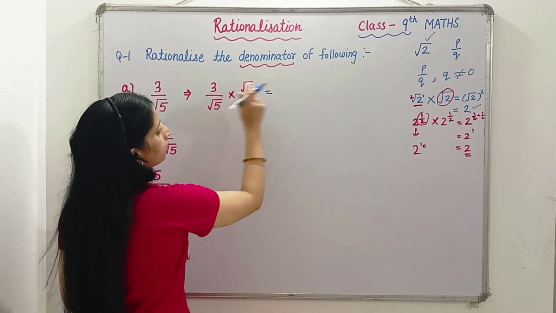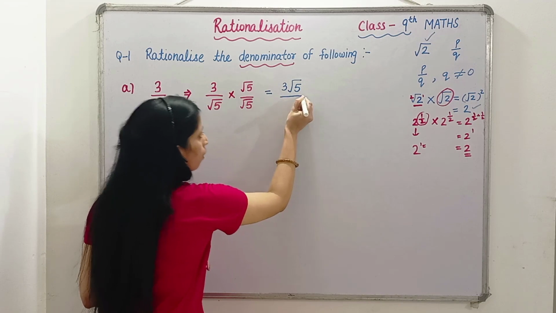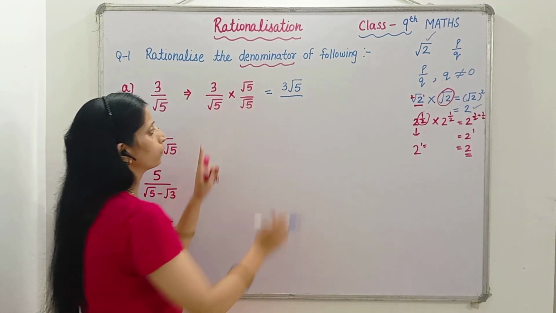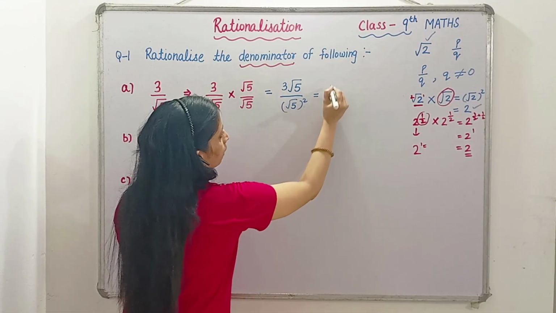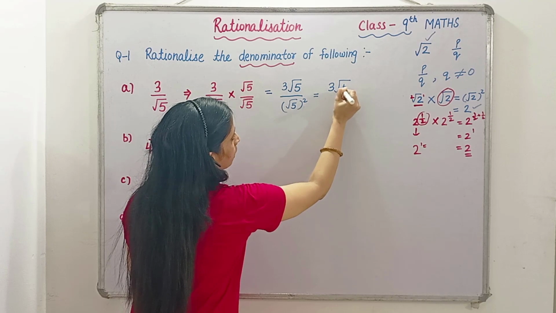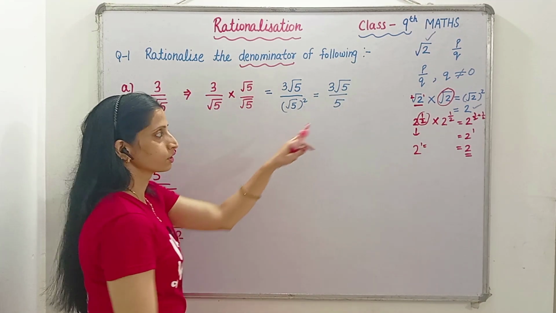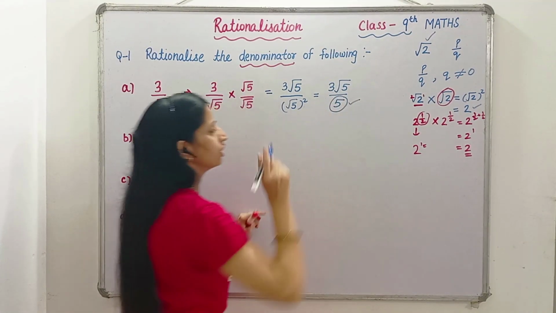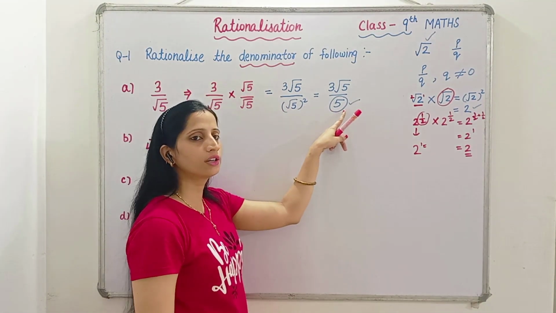Here we will get 3 root 5 upon root 5 multiplied by root 5, root 5 square, or simply it will become 3 root 5 upon 5. So hence what we did, at last we rationalized the denominator. It was root 5 and at last we got 5.